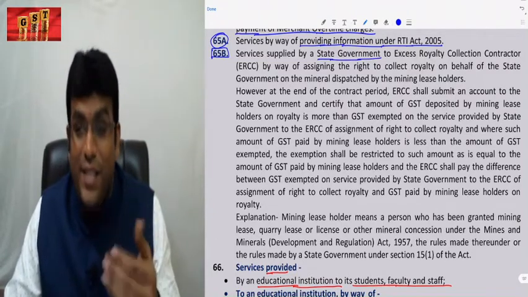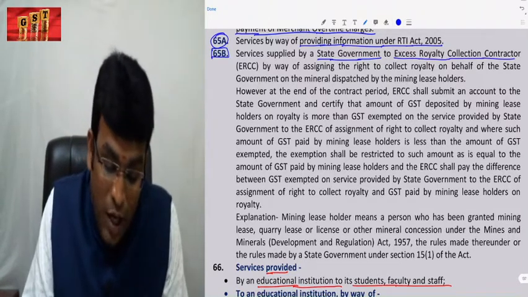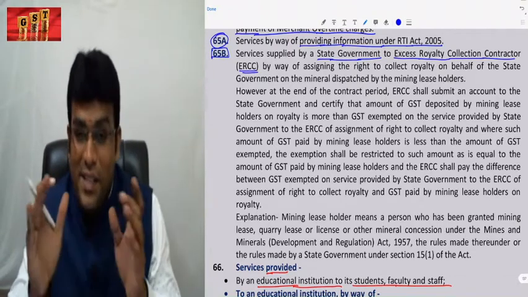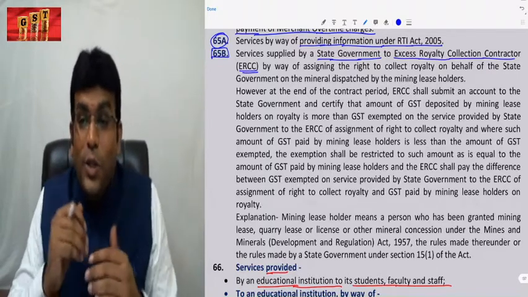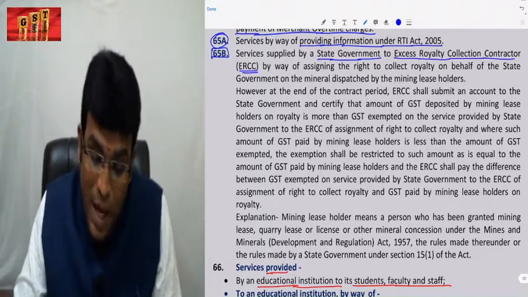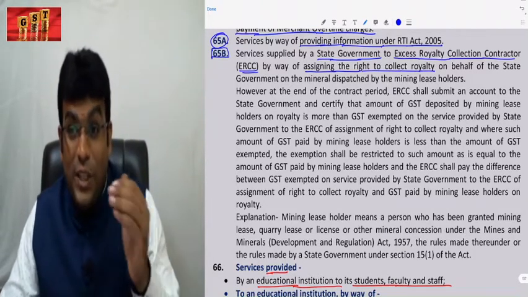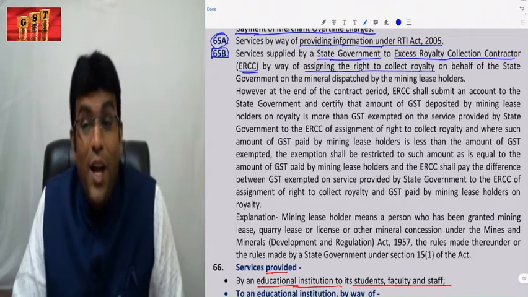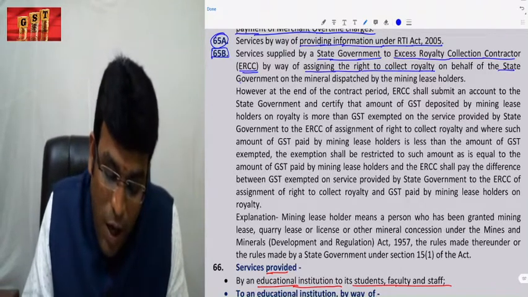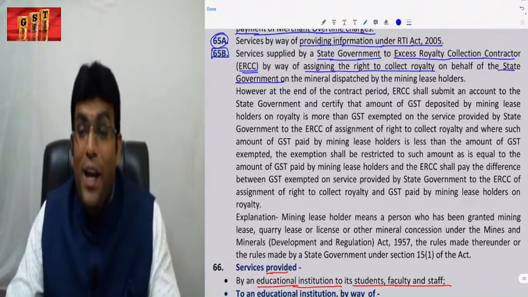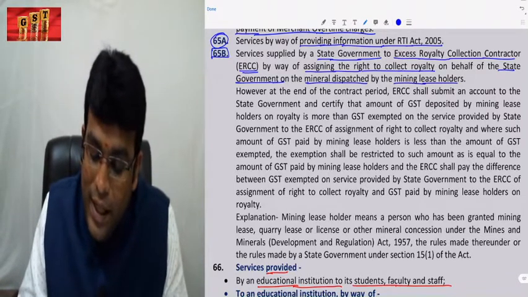Service is given by state government to excess royalty collection contractor, in short called ERCC, by way of assigning the right to collect royalty on behalf of state government. On behalf of state government, he will collect royalty on the minerals dispatched by mining leaseholders.